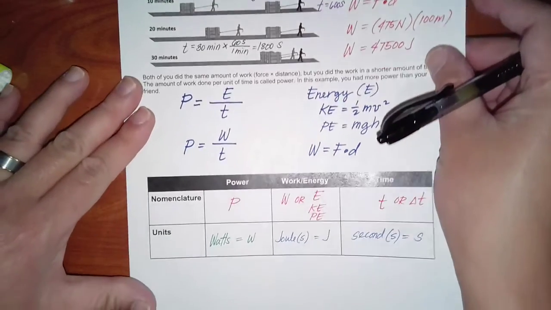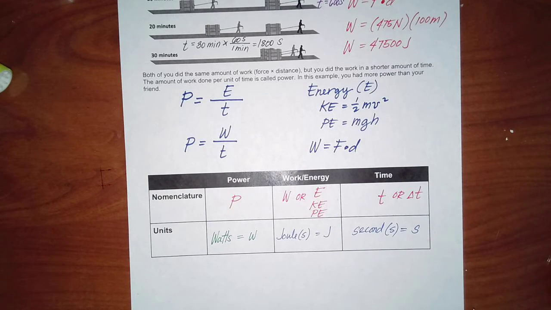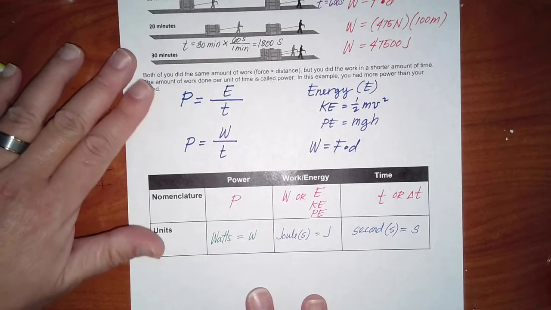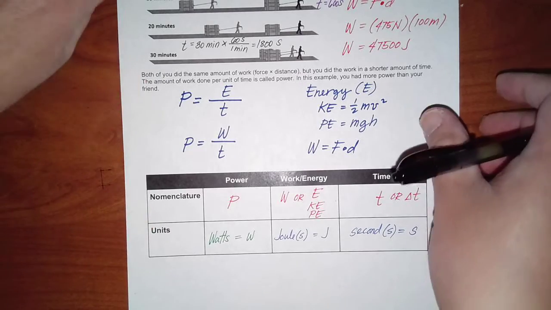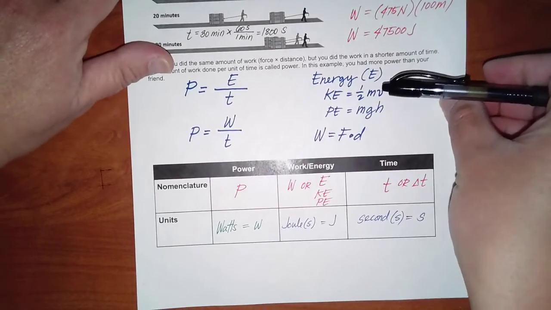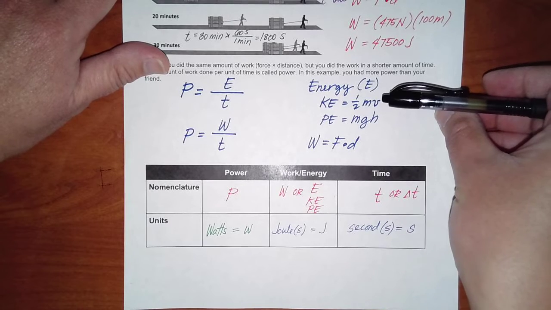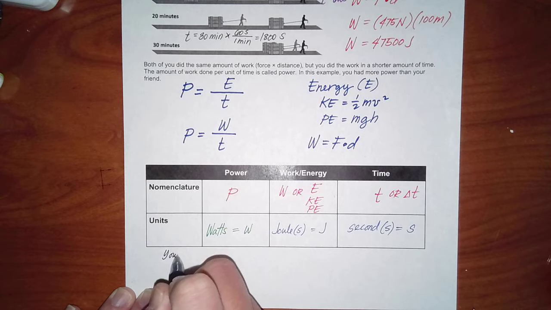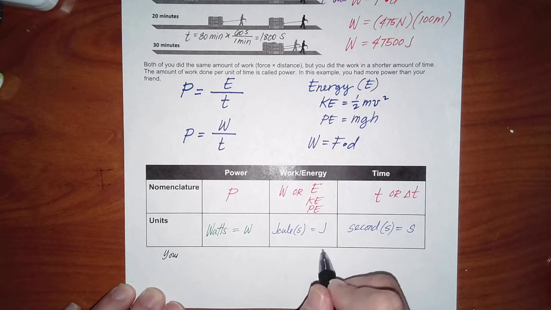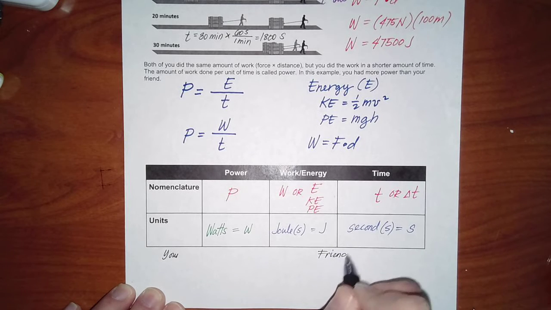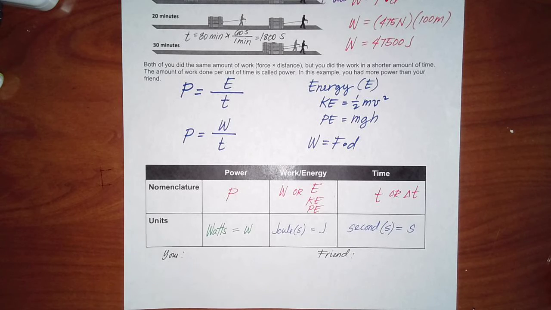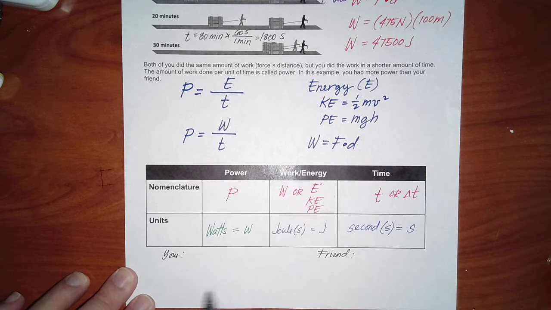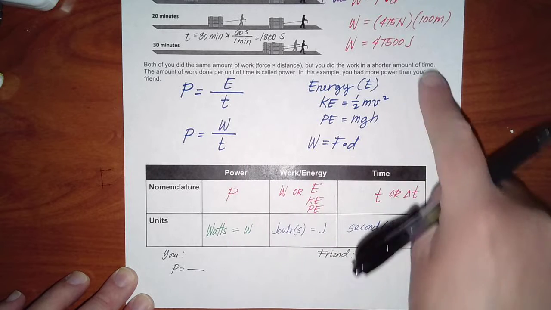Now let's analyze who among the two of you possessed more power, or a faster flow of energy. Basically, power is how fast energy is flowing. So let's say this is you compared to your friend. Your power, P, is the amount of work divided by time, since we're talking about work, not energy.